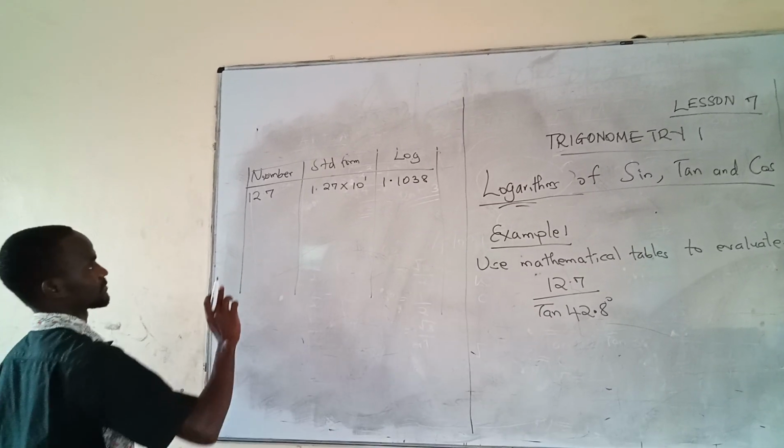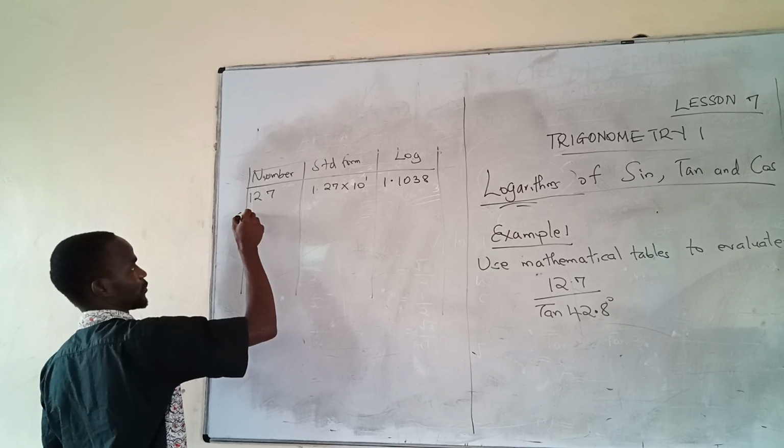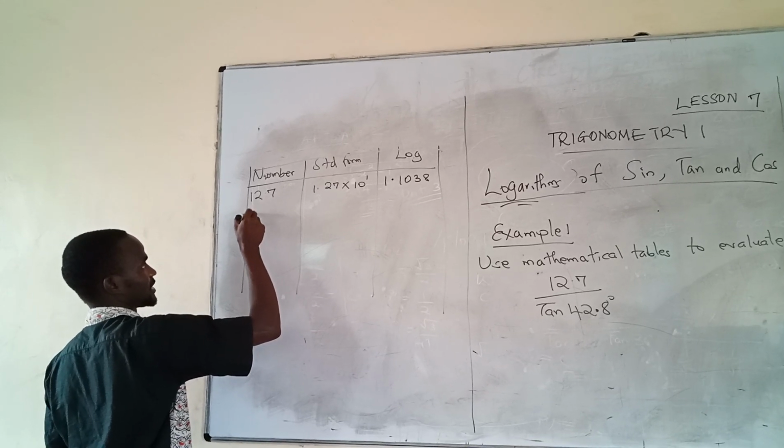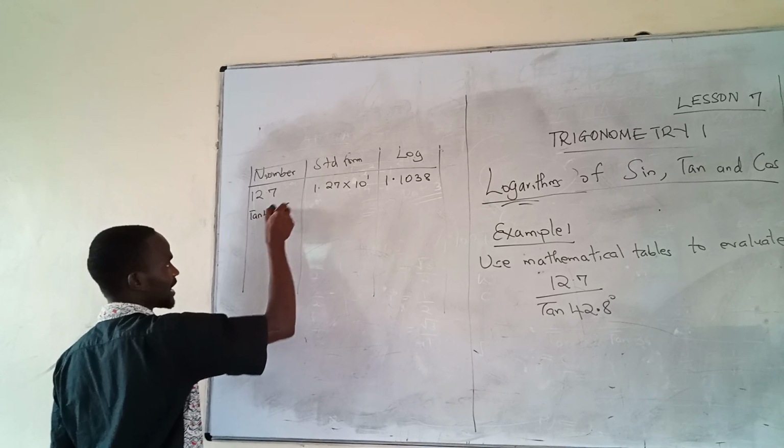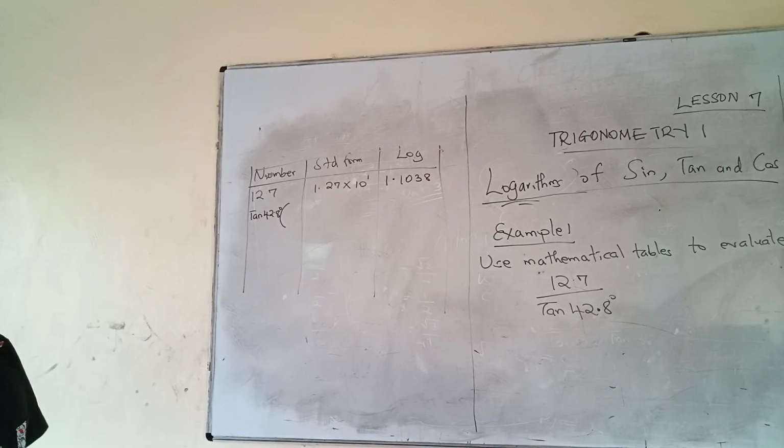Now we have our tan 42.8 degrees. There are two options. You can write the tan of 42.8 degrees, and then you make a substitution.